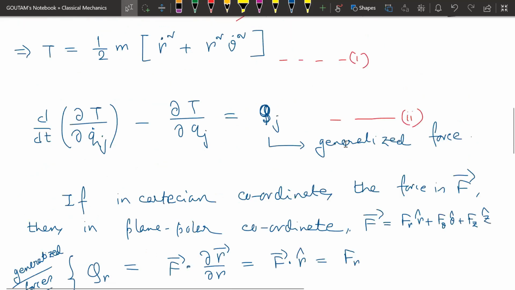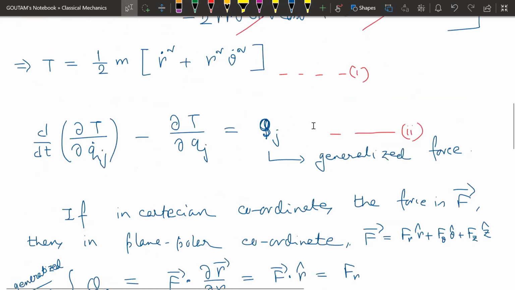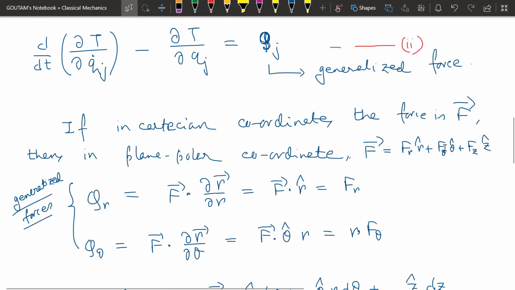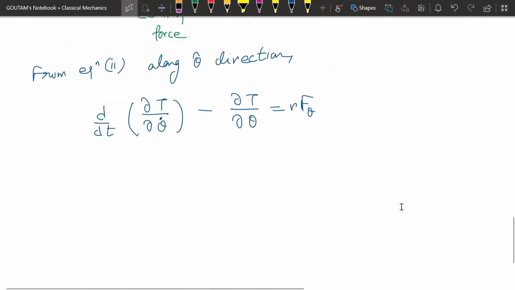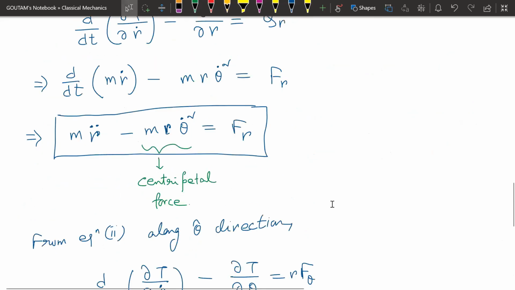So here in this equation, this is not the force in that coordinate. It is a generalized force. So this is not F_theta. This will be r F_theta. This is a generalized force. Now, if we calculate this from equation 1, we get d/dt of del T del theta dot.